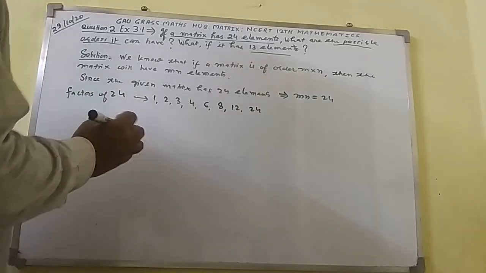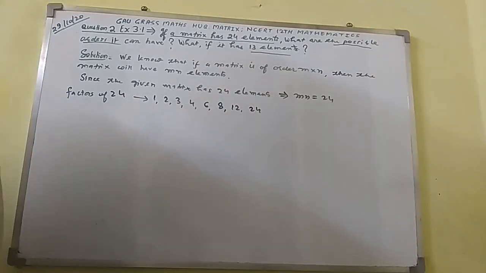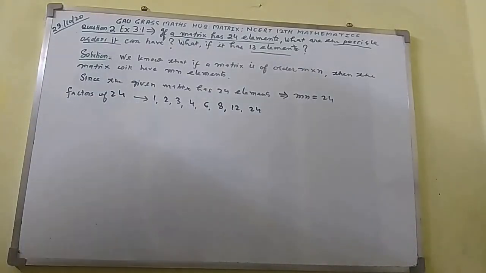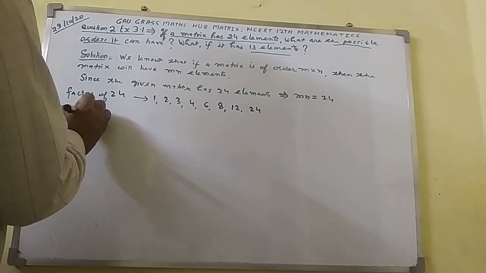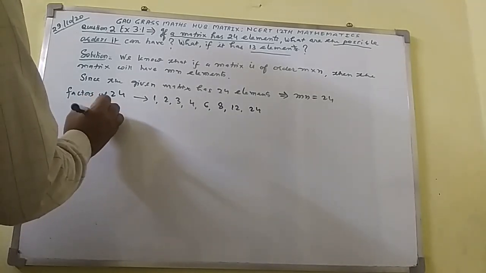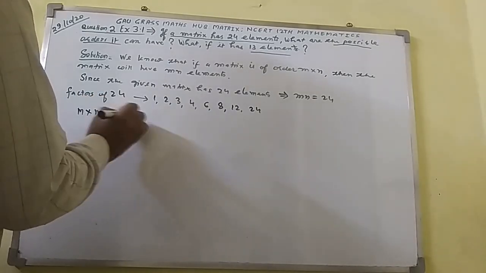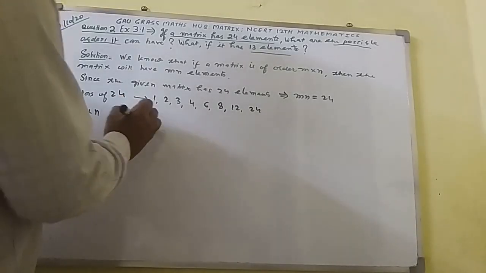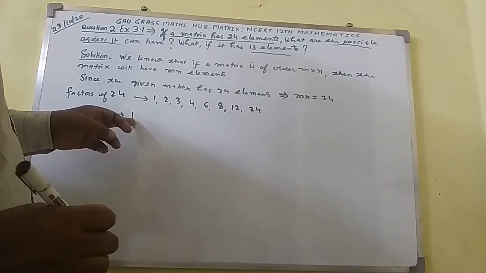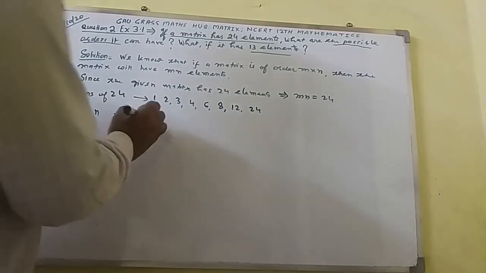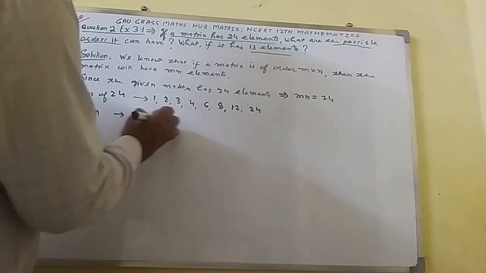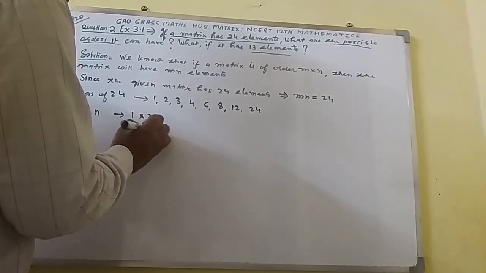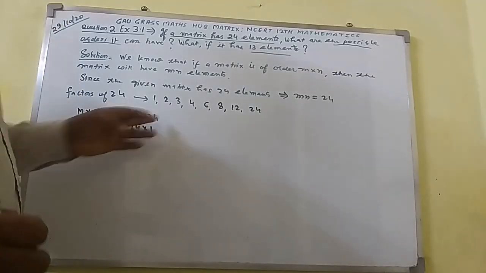Now write the factors of 24. To take any two, first of all take mn, that is, m cross n. The possible m cross n you will get here. First take 1, thereafter take 24, so you get 1 into 24.